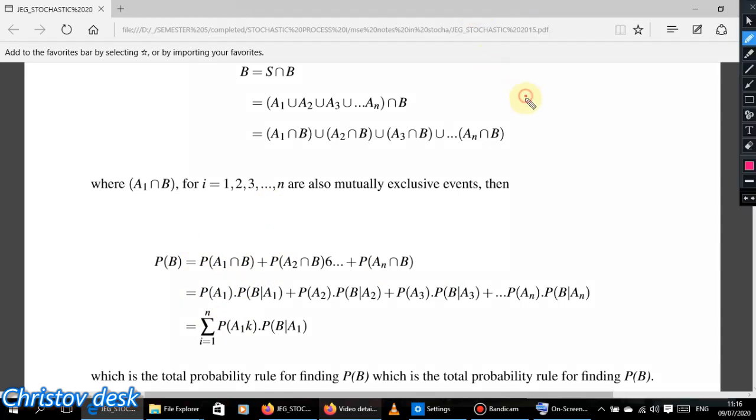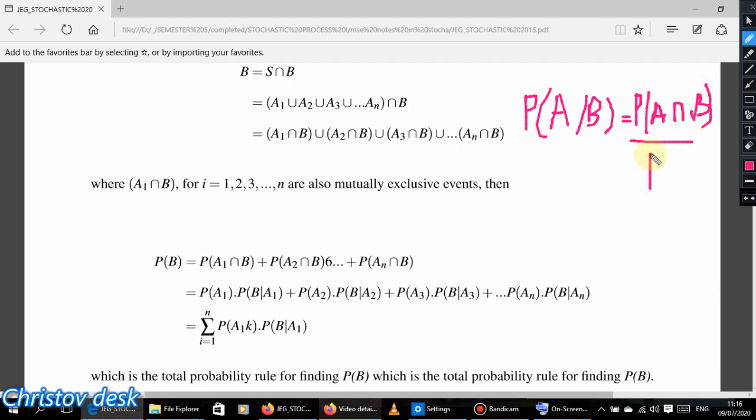We said that the probability of A happening given that B has happened is equal to the probability of A intersection B divided by the probability of B.